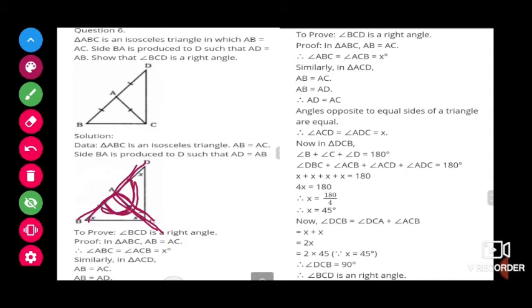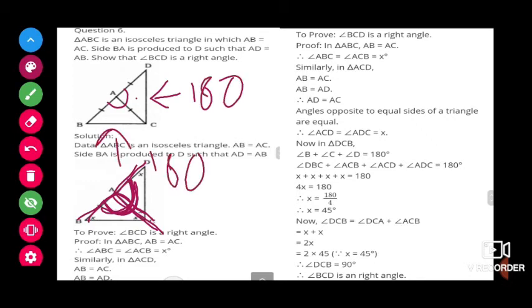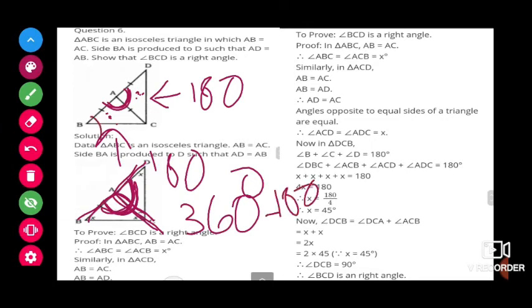So we can take these both angles as 180 degrees. So from both the triangles we have 360 degrees in total. In these two angles only 180, so minus 180. So the remaining 4 angles will be how much? 180 degrees, isn't it? Did you understand the logic?